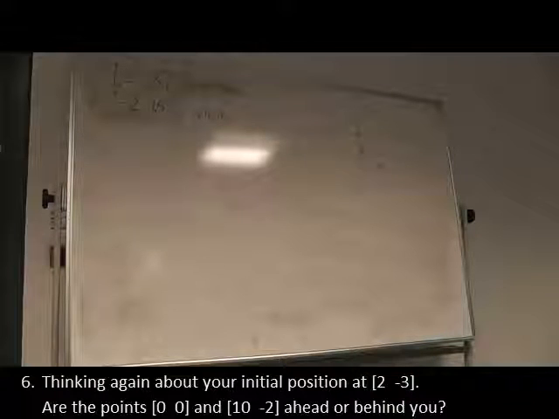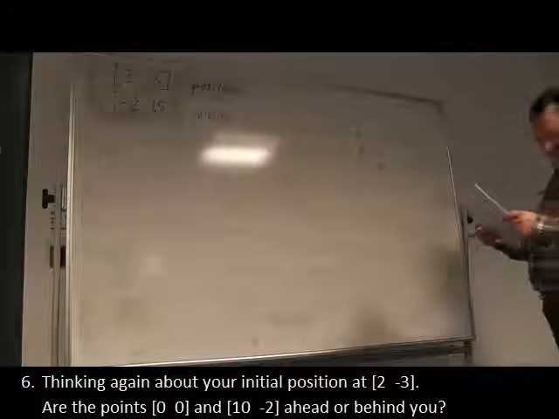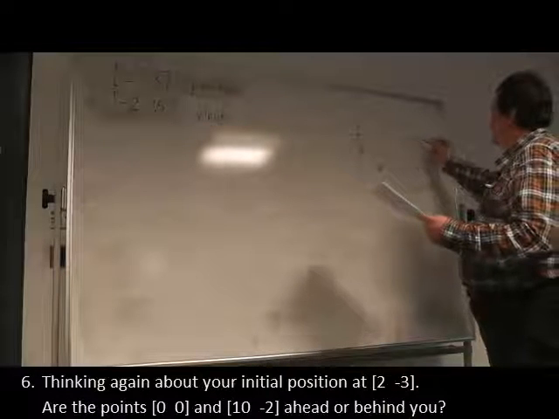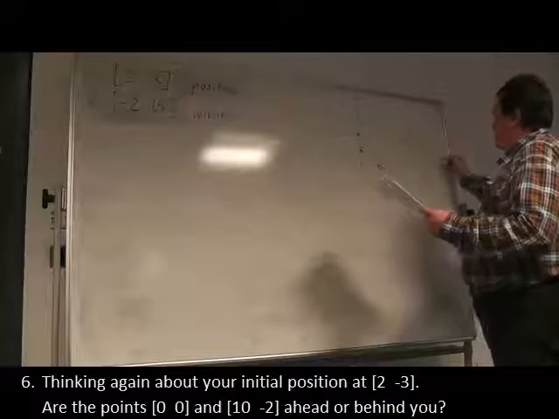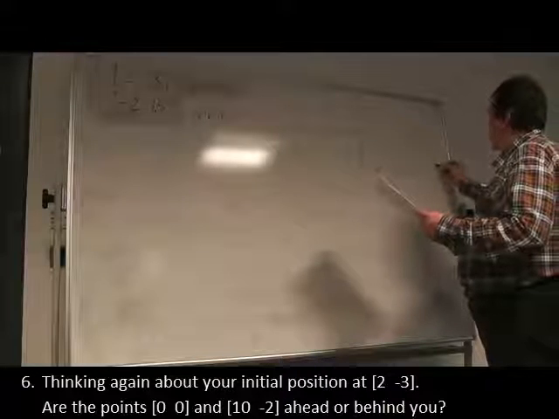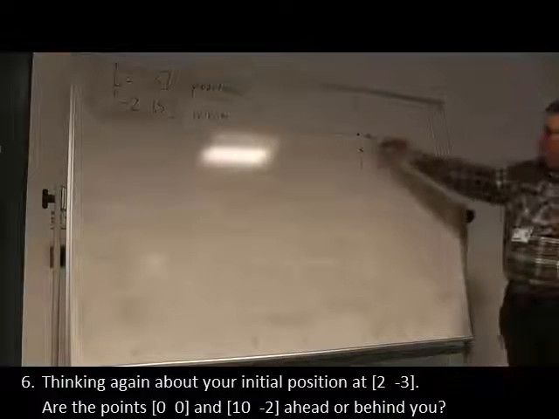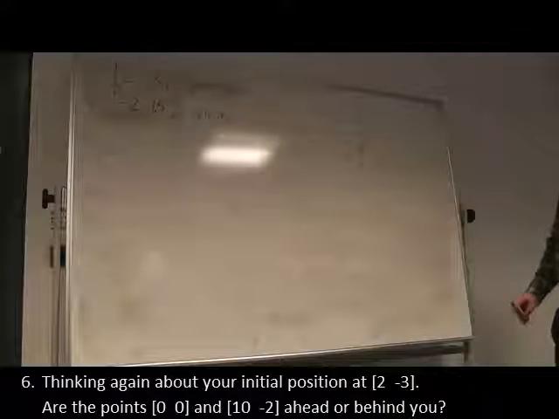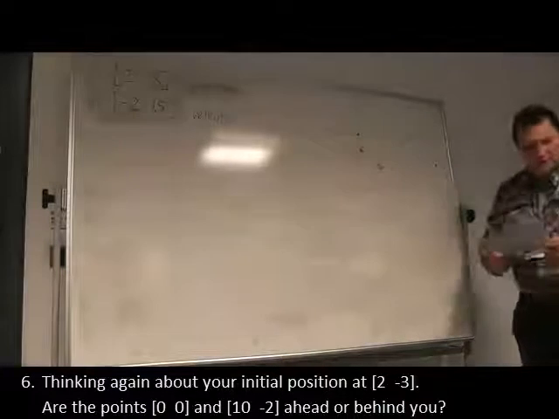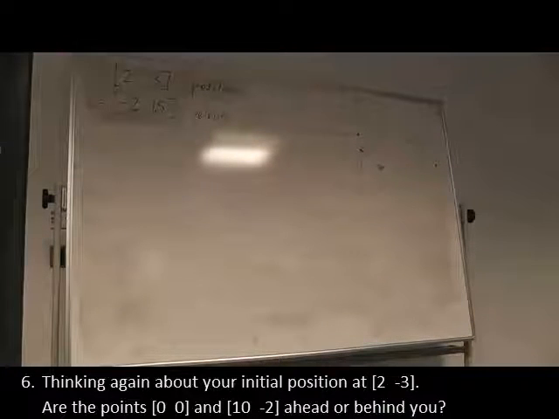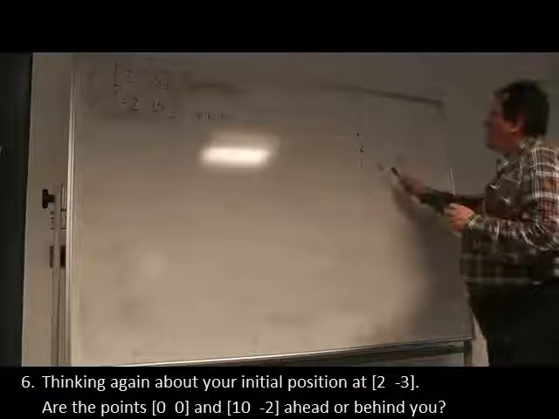And another point is 10, minus 2. So this is 2, 4, 6, 8, 10, minus 2. It's somewhere here. Okay, so the question is, is this point ahead or behind, and is this point ahead or behind of our course? Okay.